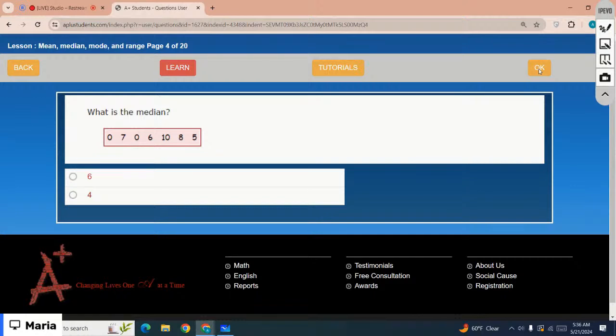The correct option is, for the median, you have to arrange them from least to greatest. The correct option is 6.